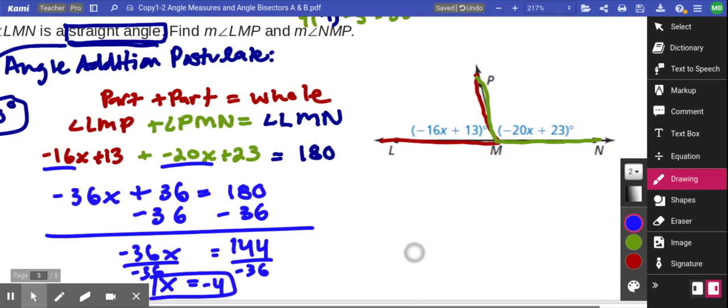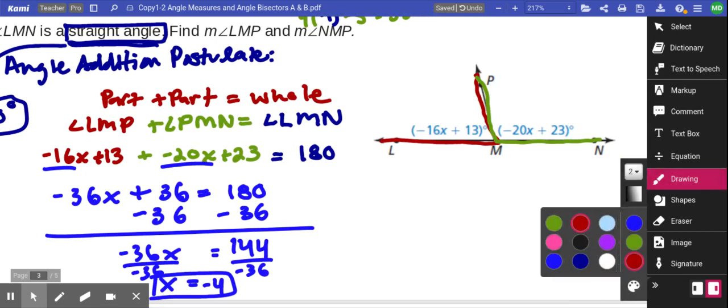But x isn't what we were asked for. We were asked for the measure of angle LMP and the measure of angle NMP. So that's our red part and our green part. So angle LMP is equal to our negative 16x plus 13.